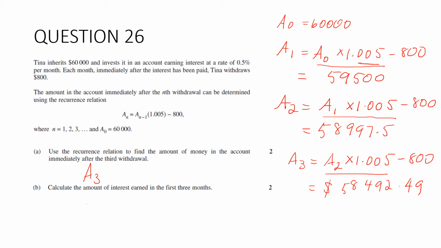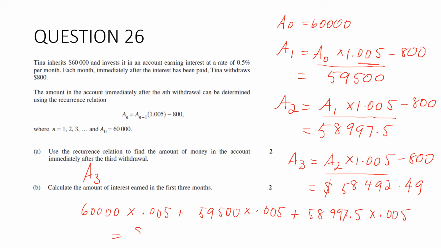So I want 60,000 times 0.005 plus 59,500 times 0.005 plus 58,997.5 times 0.005, and if we put that into the calculator, we get $892.49.